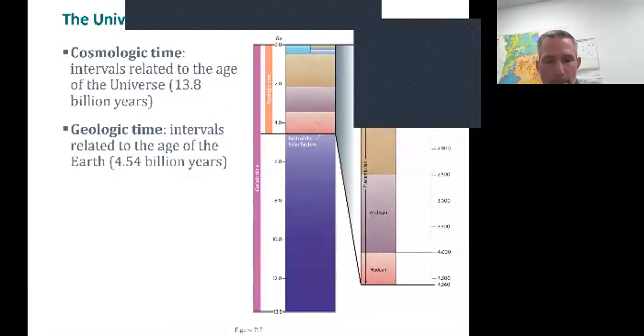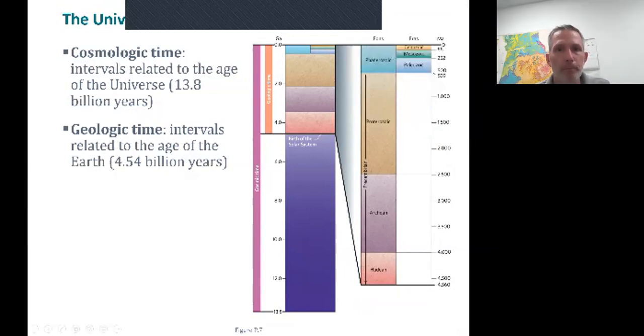Now, when we start looking at one of the proper ways to identify what's going on Earth, one of the things that we're going to be looking at is units of time.